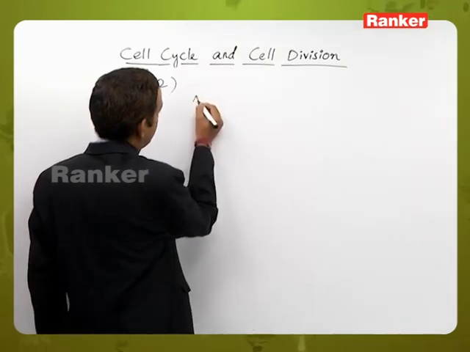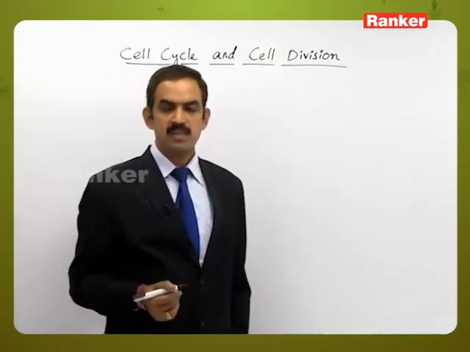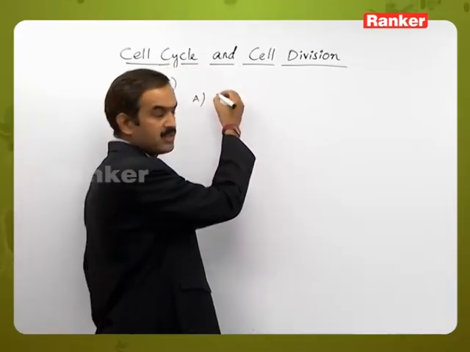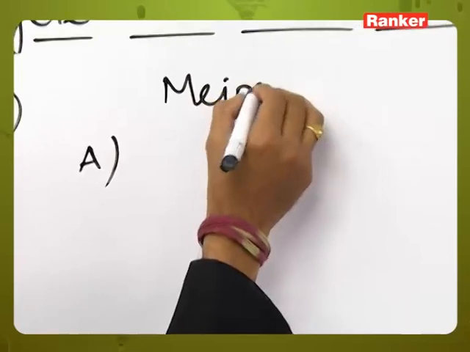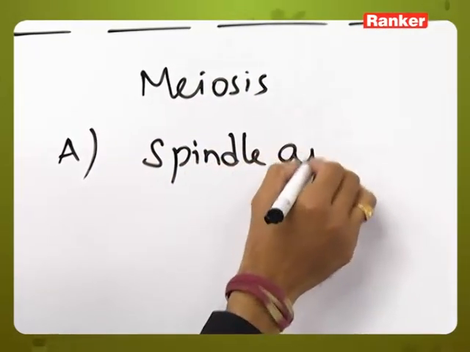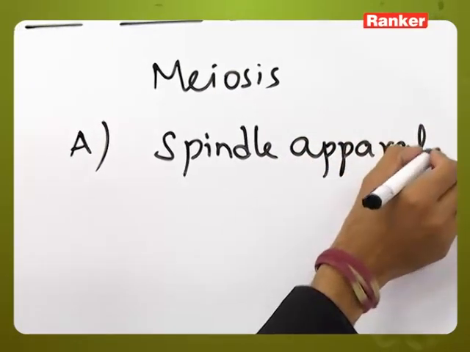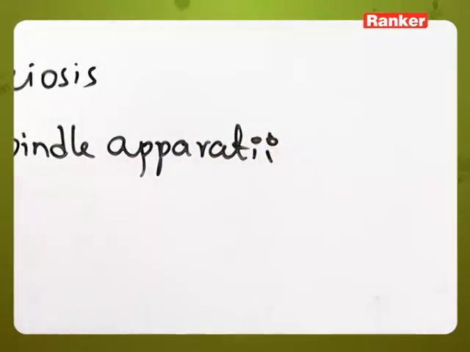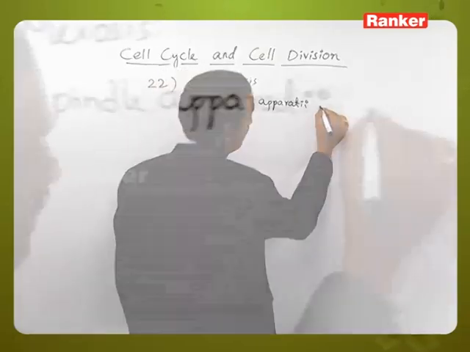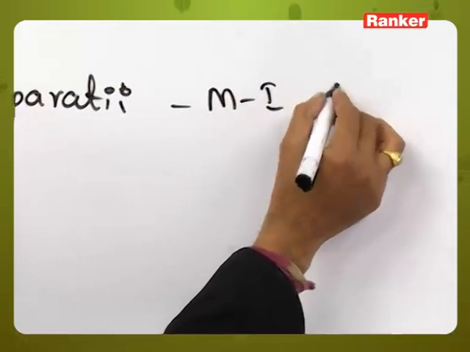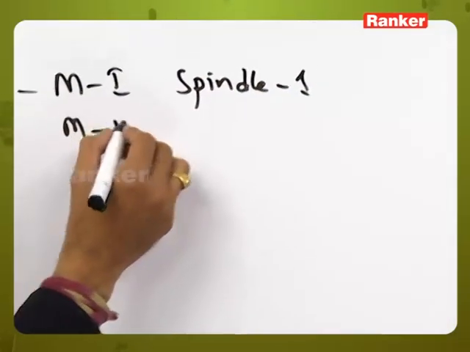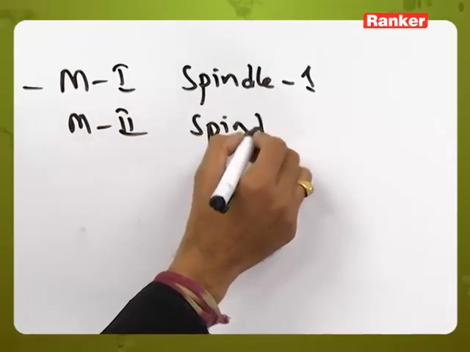So let us start with the first one, that is the number of spindle apparatuses formed. It is a question related to meiosis. In meiosis, as we know, the nucleus will divide 2 times, and during meiosis 1, 1 spindle is formed, whereas during meiosis 2, 2 spindles are formed.